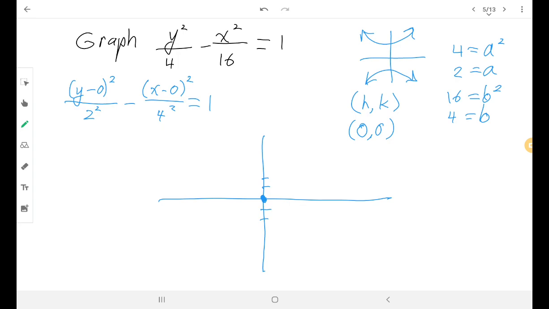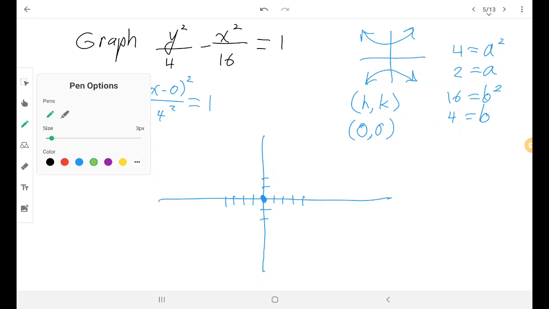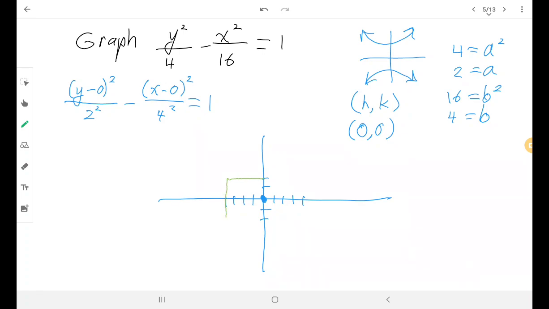And then my B, which is in the x direction, is a distance of 4, like that. Then let me use green, and I'll draw the box. Okay, so there's the box.